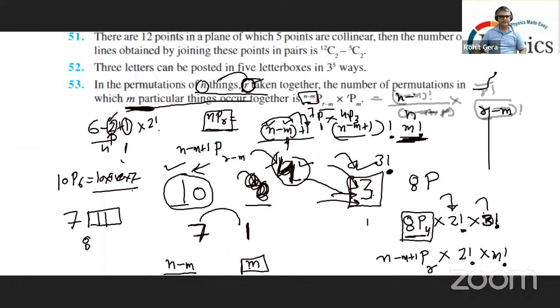Let us see the answer. It will be given at the back of the NCERT. Answer, chapter number 7. Yes. Question number 53.